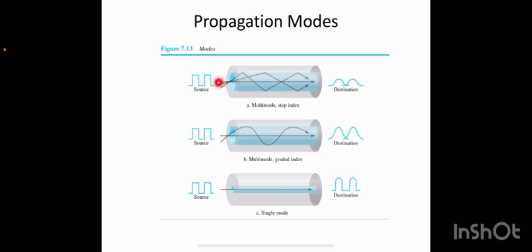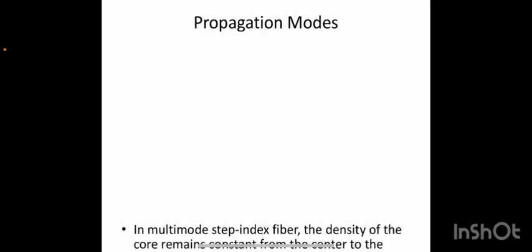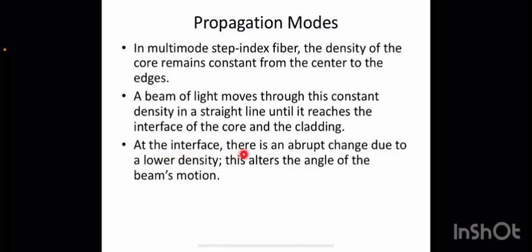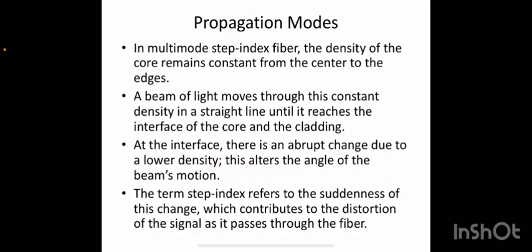Depending on the angle of incidence, the corresponding refraction angle also changes, and like that the ray moves on. At the interface there is an abrupt change due to the lower density. This alters the angle of the beam's motion. That is why it is called step index, referring to the suddenness of this change. Suddenly, when it enters the interface between the core and cladding, it refracts. So that is a step movement.